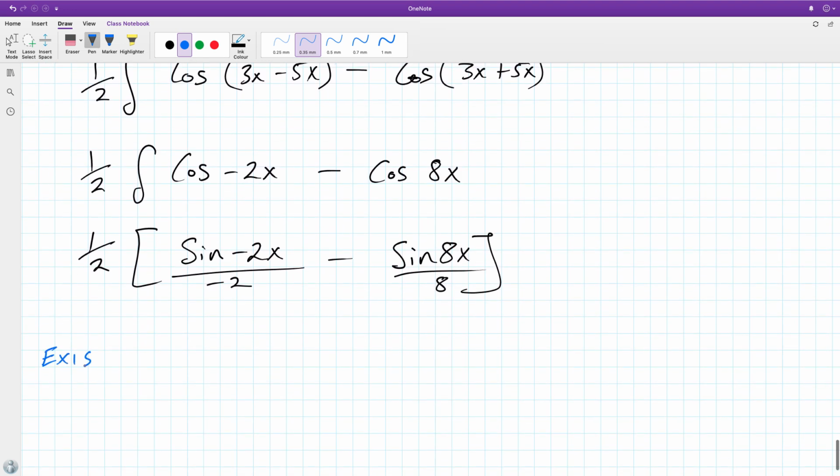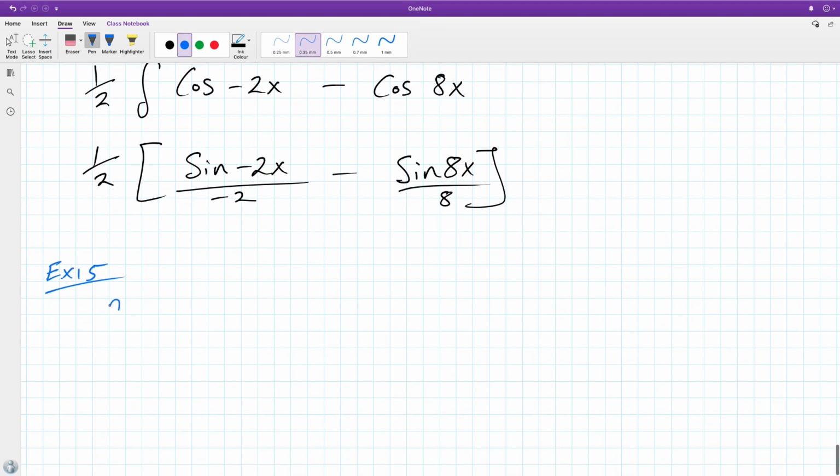Example number 15. Integration of exponential functions. So integrate for me e to the power of 2x plus 3 dx.